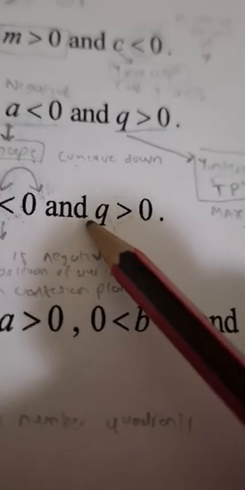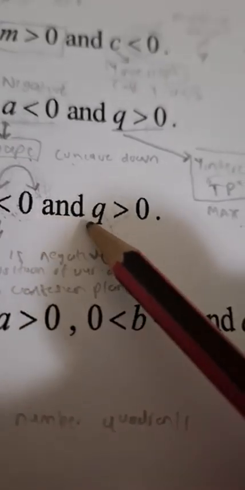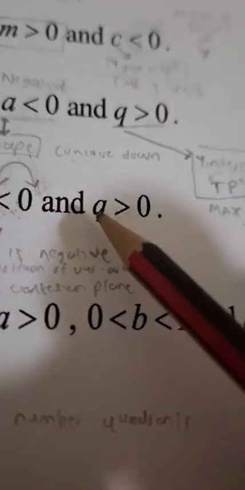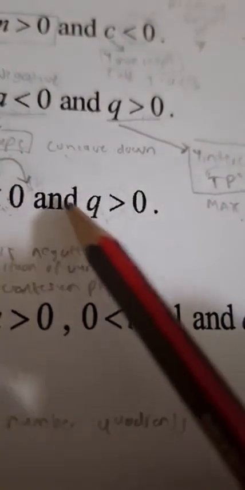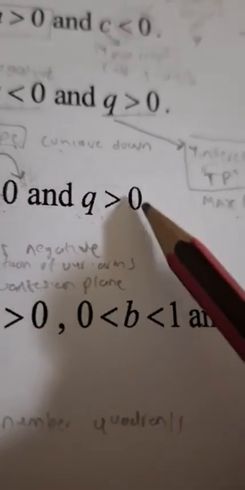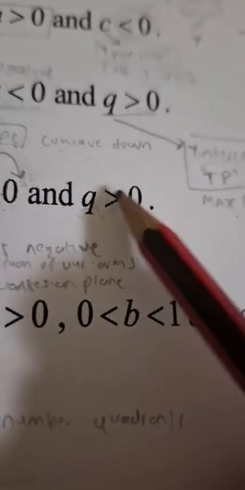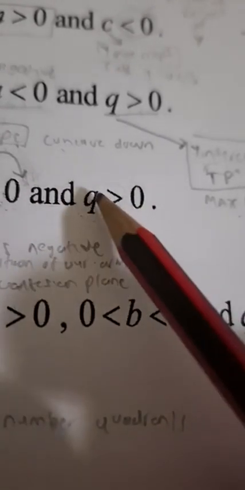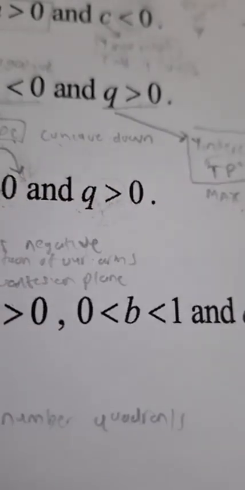It means that the horizontal asymptote is not a negative value, it is actually a positive value. So the asymptote will be situated above the x-axis, because it's greater than 0. In other words, we'll have a positive horizontal asymptote.